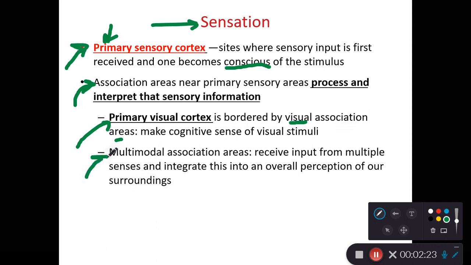We also have multimodal association areas. When we say multimodal, this just means that they do more than one thing. They're twofers or threefers. They can receive input from multiple senses and integrate them into an overall perception of what our surroundings are going to be. For instance, proprioception, our orientation in space, is a good example of this. We have multiple sensory receptors used to help us keep our body oriented in space.